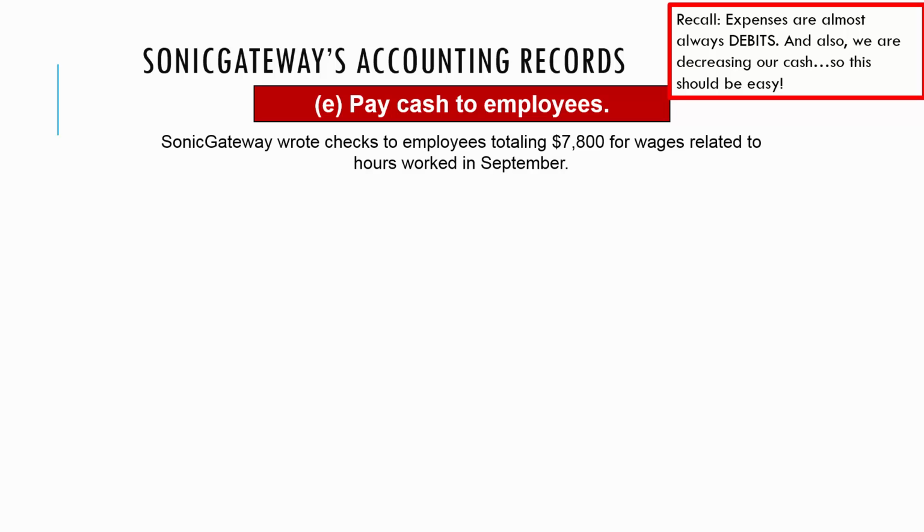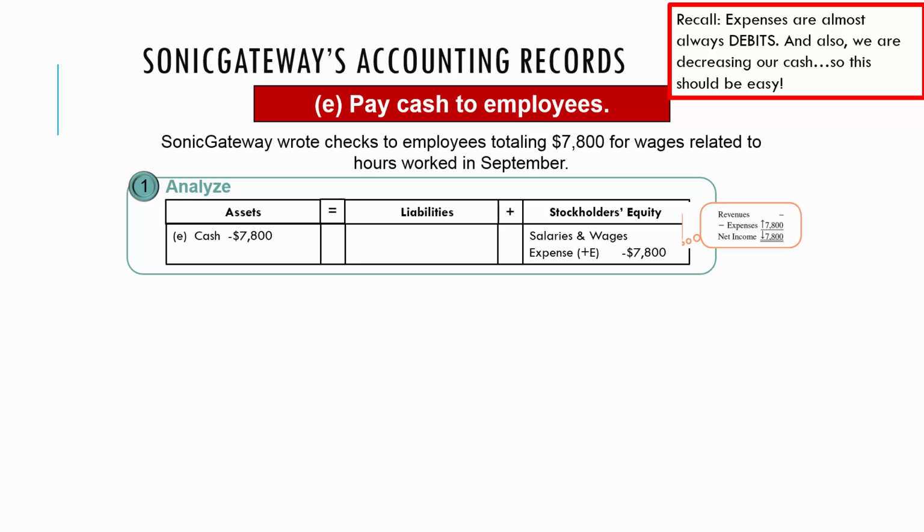Well, the employees will not work for nothing. I mean, they have to be paid. And we would like to call this an asset, but the truth of the matter is that every 2 weeks, every month, you're paying your employees for their work that they have done in that previous time period, and so you don't have an asset left. You're actually going to be using up your asset by paying cash.